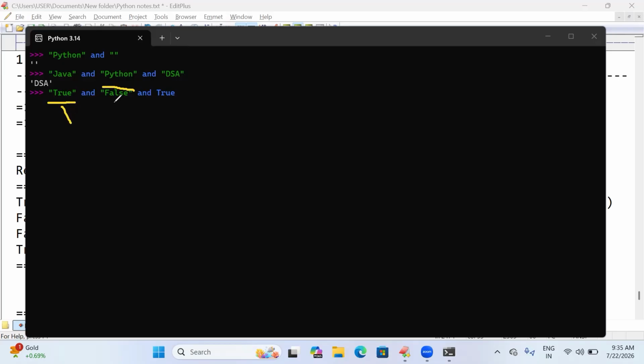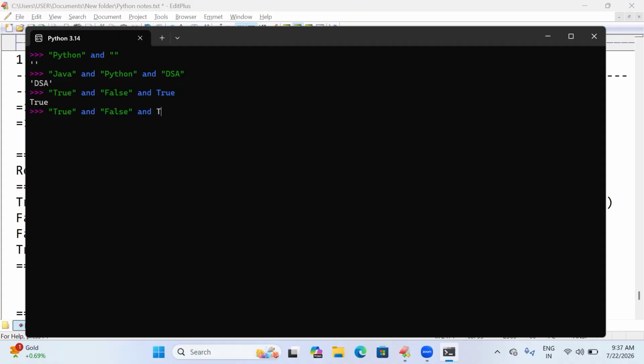It is also non-zero, so true. So PVM is going to evaluate the next subsequent value. Here we have true. Internally true is considered as 1. So true and true and true, then the output is true, right? See, the output is true, right?